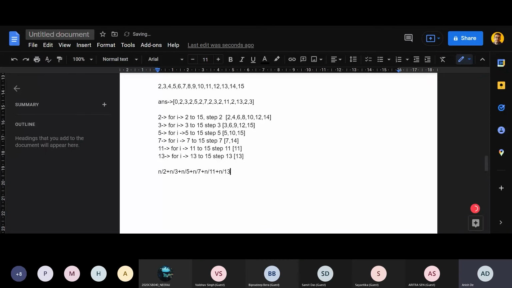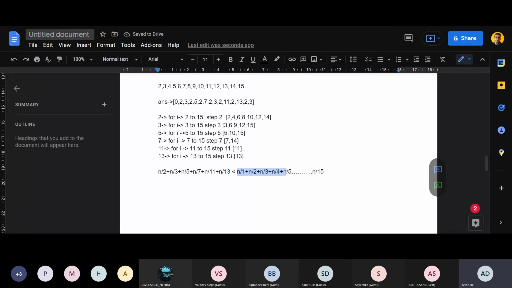Okay, so for the sake of comparison, this value is less than this value, right? Yes or no? We are taking every number from 1 to 15. Is this expression lesser than this expression?